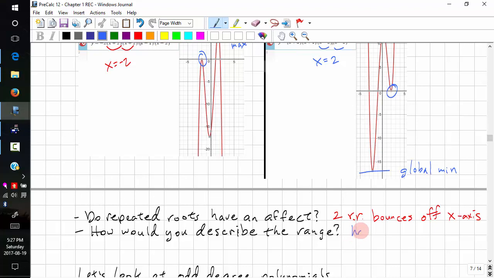So it has an absolute, or global, min or max. Okay, but it doesn't have both. It has one. And the range is not all reals.